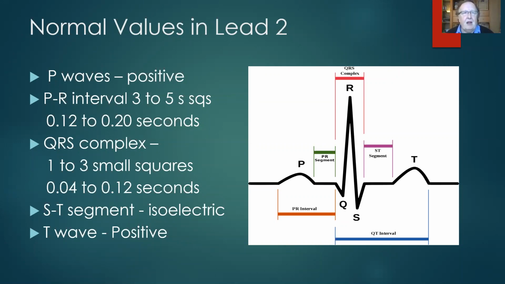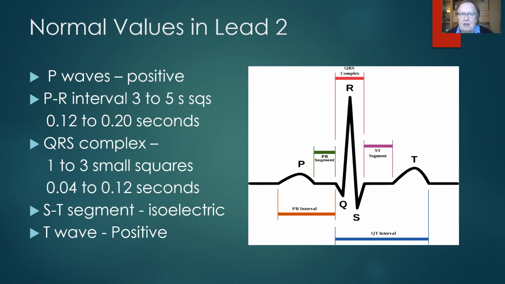So we're looking at a normal standard QRS complex here. We have a P wave present, happy days, it is positive, that's good news. The PR interval is of normal duration, 3 to 5 small squares. Our QRS complex is of normal duration, 1 to 3 small squares.